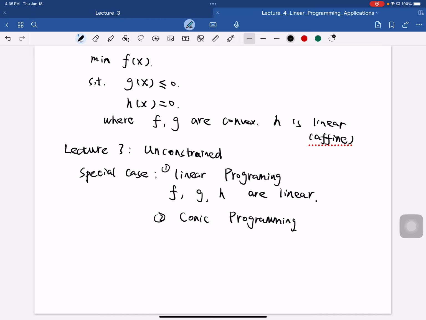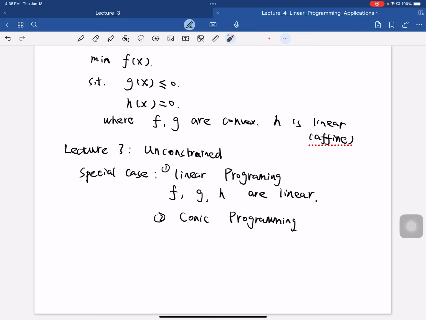So why do we care about those special cases? Why don't we just talk about convex optimization at the beginning, right? So the reason is that if you want to solve convex optimization problem, there are very generic algorithms to solve convex optimization problem in this very generic form, right? But in some special cases, you can take advantage of the geometric properties of the problem to have a faster algorithm than treating the problem as a generic convex optimization problem.